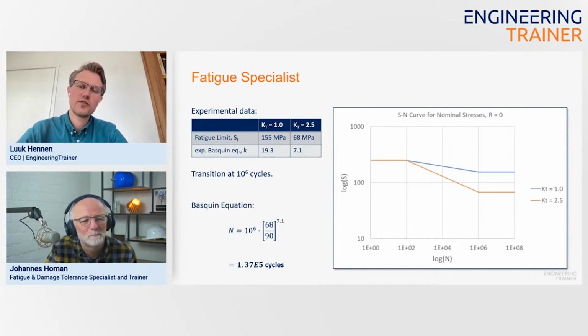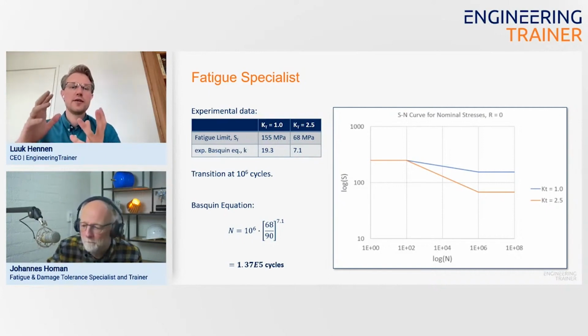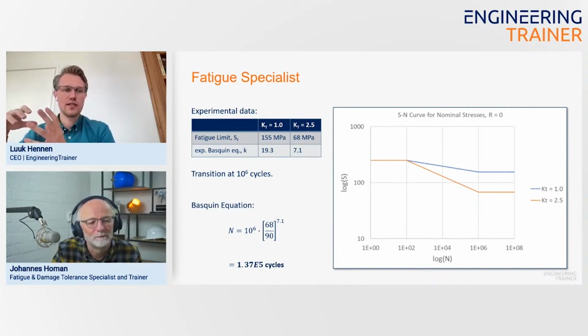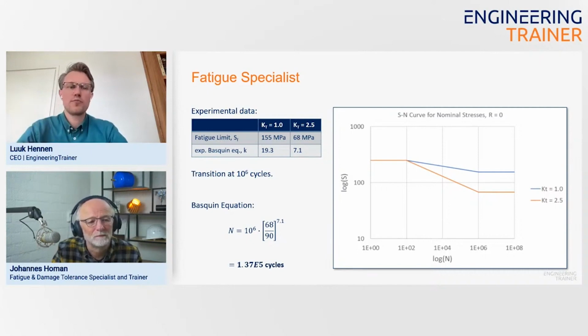For my full understanding, in this, the fatigue specialist approach, the specimen was used to do tests, and that provided the SN curve. So that is all directly resulting from experimental data. And what you're doing here is you basically just read out the point in the graph, but then the equation is like a fit on the slope part of the graph.